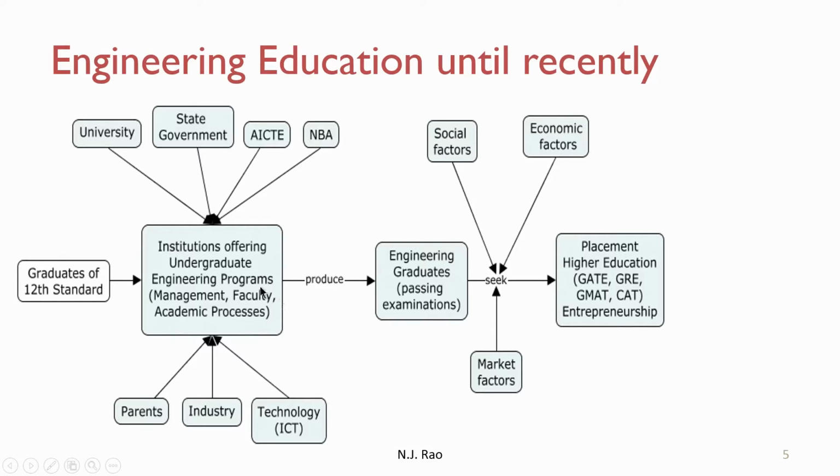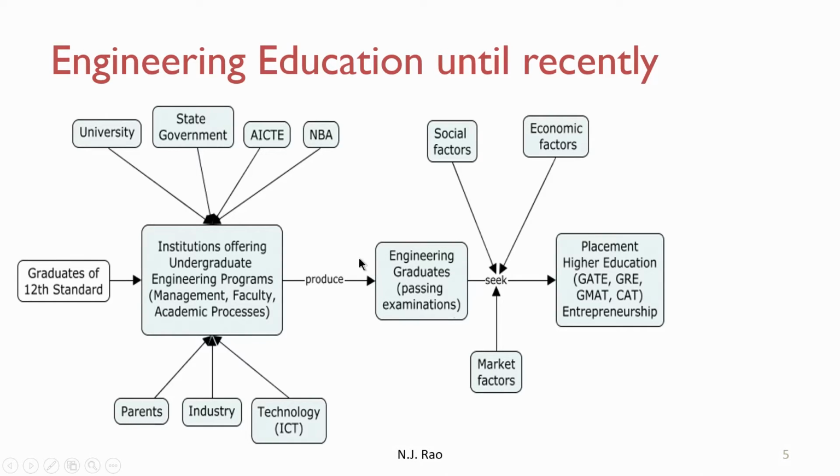All of them will have some influence in all the academic processes and what kind of faculty are required and so on. And together with these, this institute produces engineering graduates. Who are engineering graduates? Those who pass examinations, that is it.